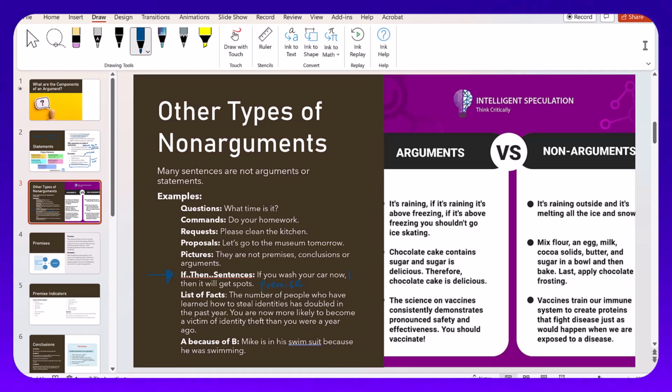For example, I have here on this one, the number of people who have learned how to steal identities has doubled in the past year. You are now more likely to become a victim of identity theft than you were a year ago. So this does somewhat sound like there is an argument to it. And the information from sentence to sentence is related. Each of them is related to the same subject.